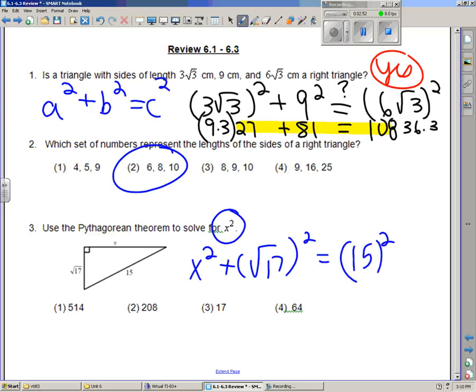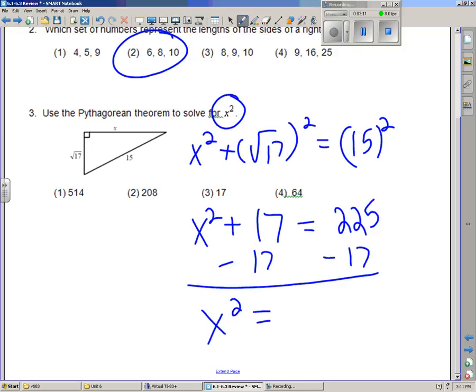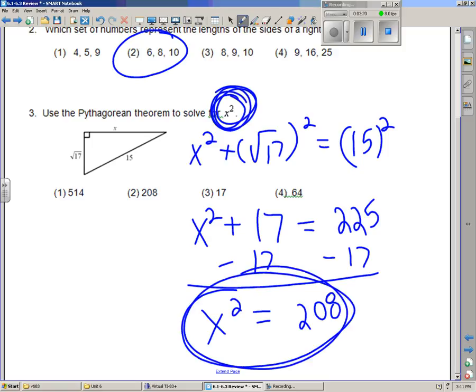Well, when I do this, x squared plus, well, radical 17 squared is just 17. 15 squared, with calculator, just because you know it, is 225. When you subtract 17 from both sides, you get x squared equals 208. You're done. It asked for x squared. You have x squared. So the answer then becomes 208.